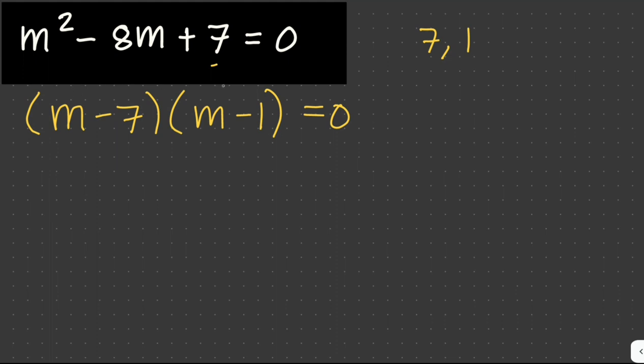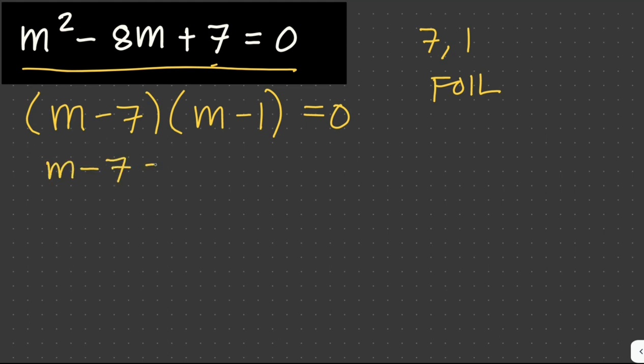You can always check this by using the FOIL method, multiplying the two binomials to check if it would equal the original equation. And then we can set each factor to 0. So that would be m minus 7 equals 0 or m minus 1 equals 0.